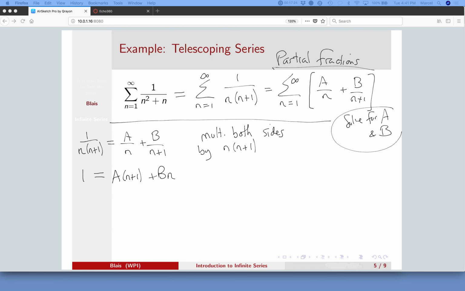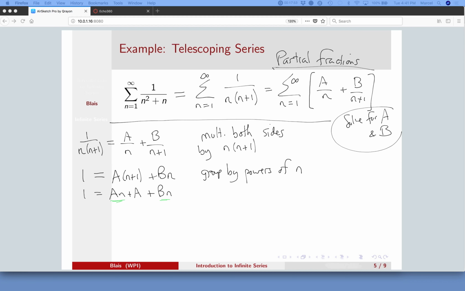Now the next step is to group by powers of n. So we rewrite this right-hand side as an plus a plus bn, and then we see we have these terms for n to the first, and then the others for n to the 0.